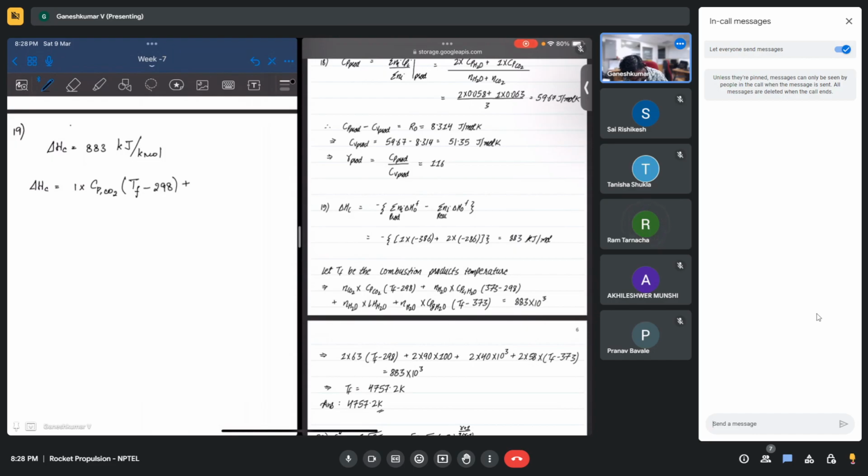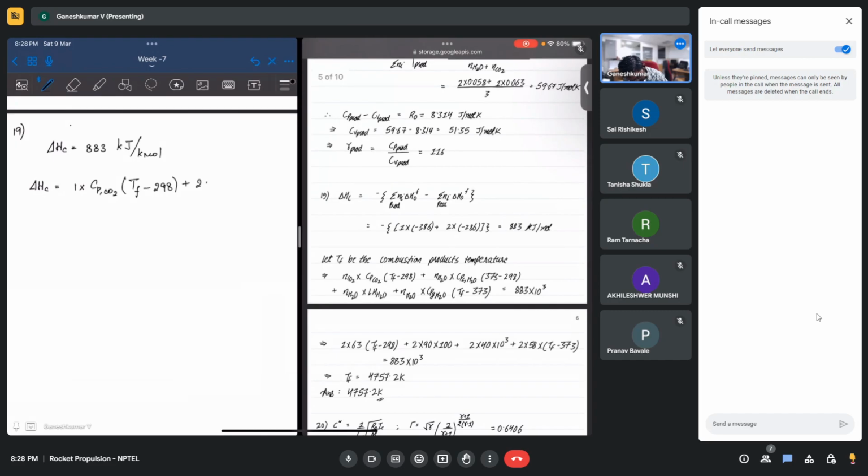Yes. Okay. And then H2O is like 2 times Cp of H2O, but it's a liquid. It is from 298 till 373, so 373 minus 298. That is also right.